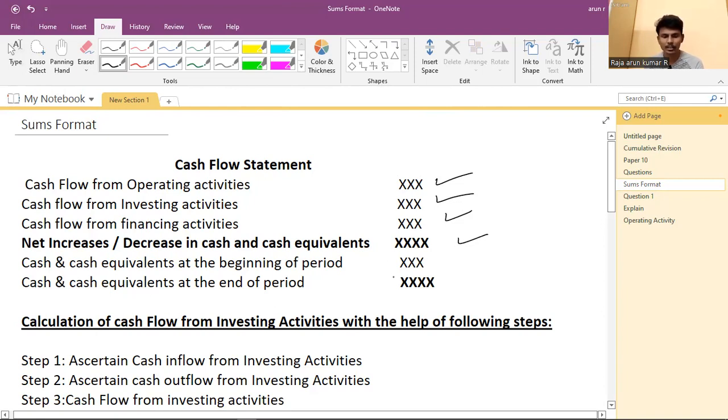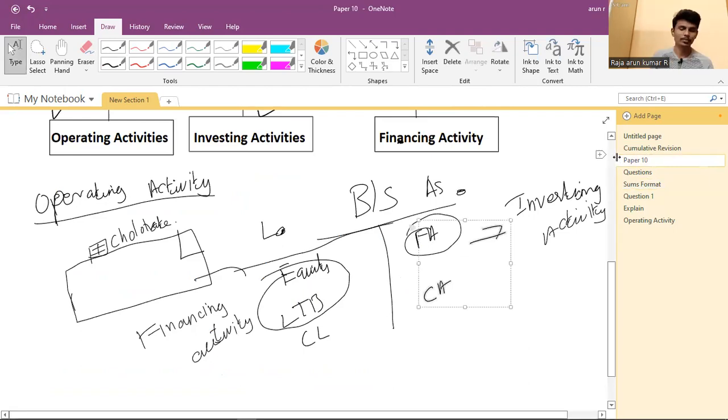Then, cash and cash equivalents at the beginning of the year gives the answer of cash and cash equivalents at the end of the year. This is the format. It is a different way that I tell on this page.